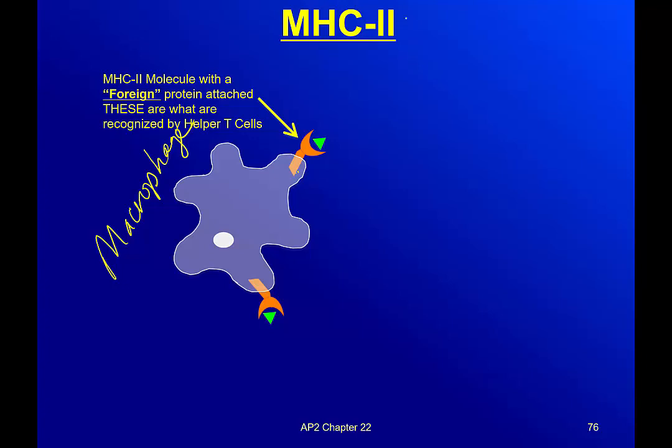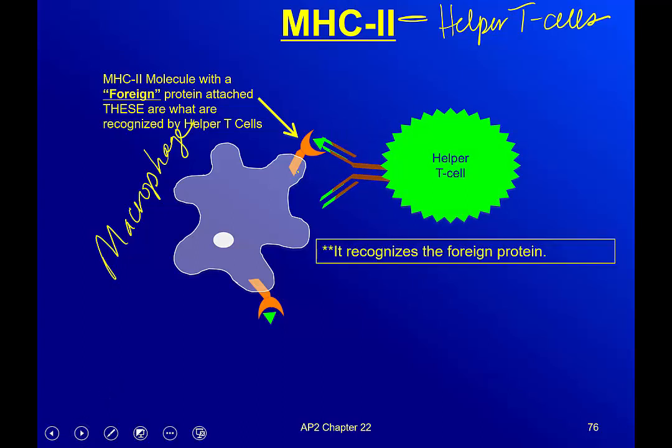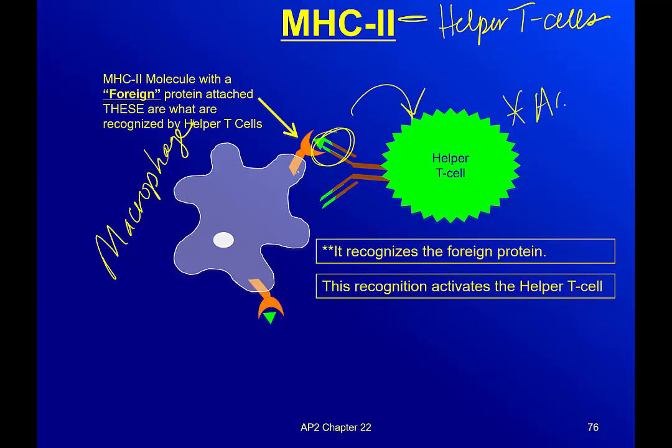Now, who recognizes MHC2? Helper T cells. Okay, so helper T cells come along and they go, hey, I recognize this. And because it recognizes this, this guy gets activated.